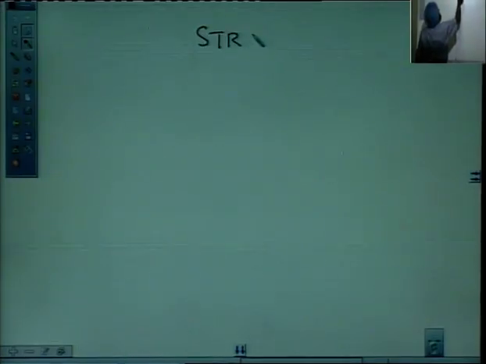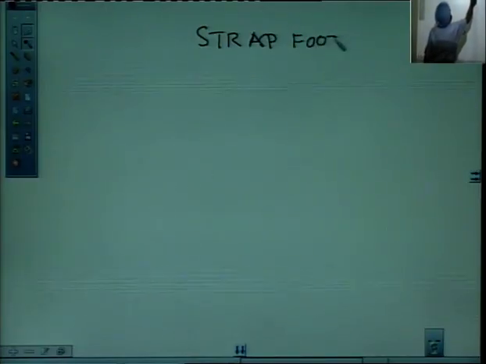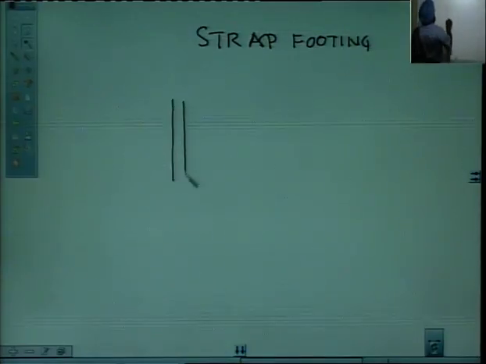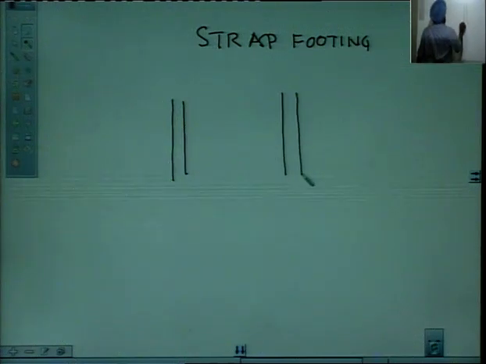Then we are having even strap footing. Strap footing, a beam is placed in this one. So, we are having column, column and a beam is placed over here.